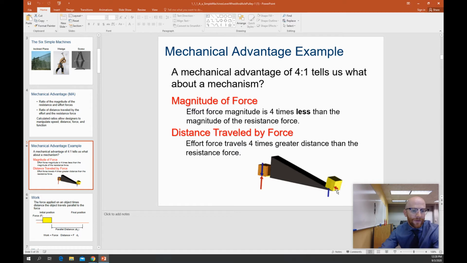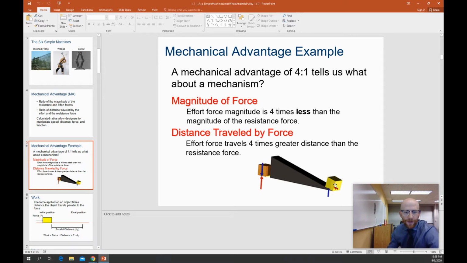Same thing with the weight for actual mechanical advantage. The only problem with actual mechanical advantage is if this was a 400-pound box and I did apply 100 pounds of force there, it probably wouldn't move the box, because that would be ideally how it would move the box. That's the minimum amount of force I could use to move the box.